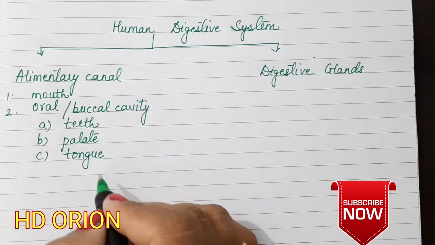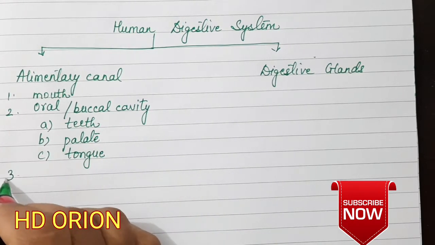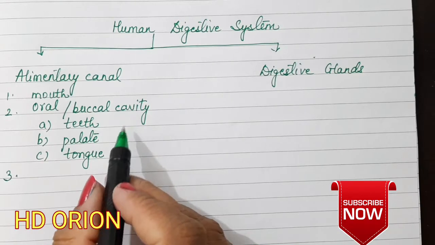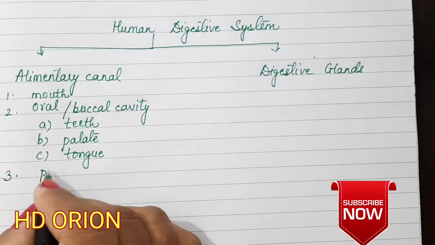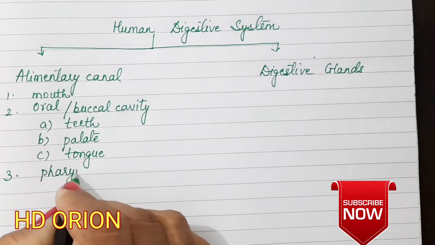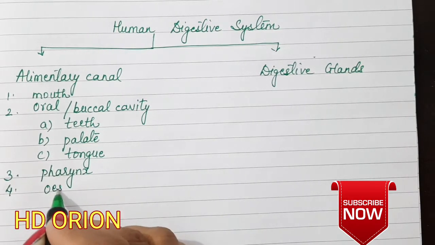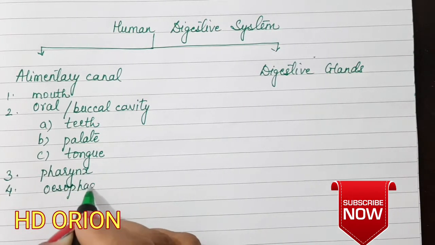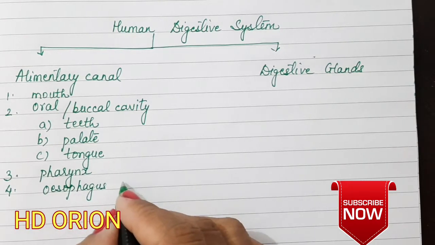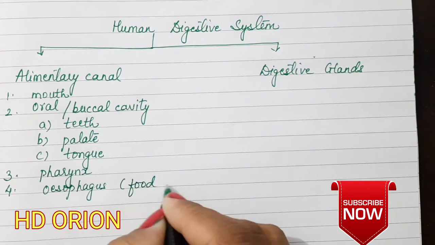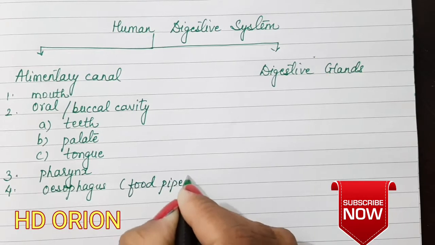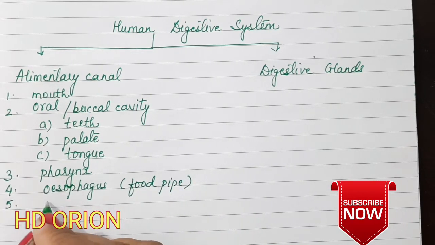These 3 are present in the oral cavity. After the buccal cavity comes the pharynx. Then comes the esophagus. The esophagus is the food pipe. Esophagus opens into stomach.